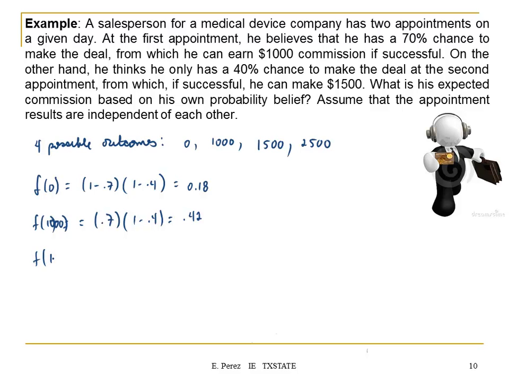Then for 1,500, you get (1 minus 0.7) times 0.4. This is 0.12. And then for 2,500, this is 0.7 times 0.4. And this is 0.28.